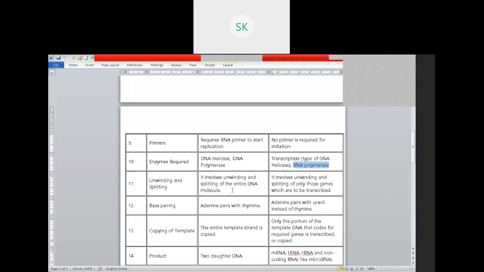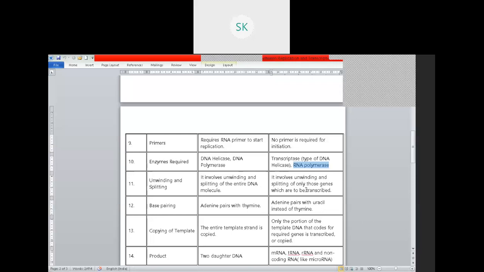And here the unwinding of the helix will occur over the entire DNA molecule. That means the entire DNA molecule will be unwound, and we are forming two parental strands in the DNA replication process. But in the transcription process, the unwinding of genes will be temporary.